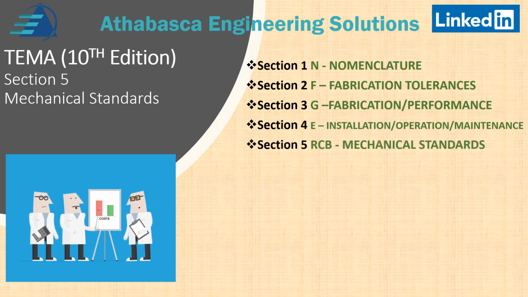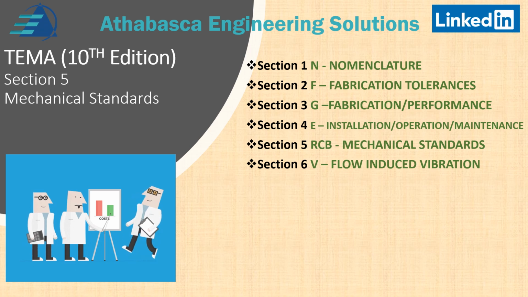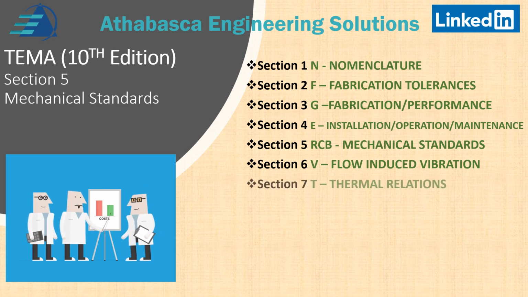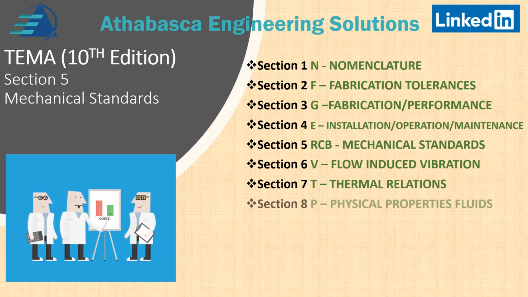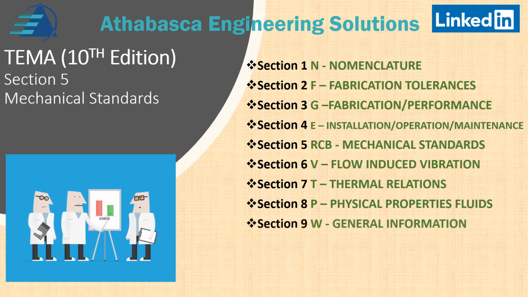And 5, which is what we're focusing on, is mechanical standards. 6 is an interesting section called flow-induced vibration. 7 is thermal relations, and 9 is the physical properties. And W is general information.